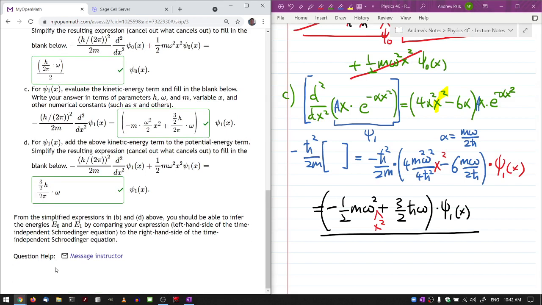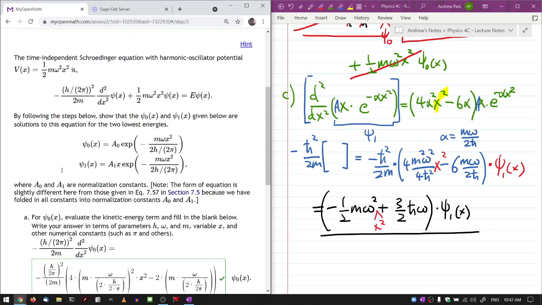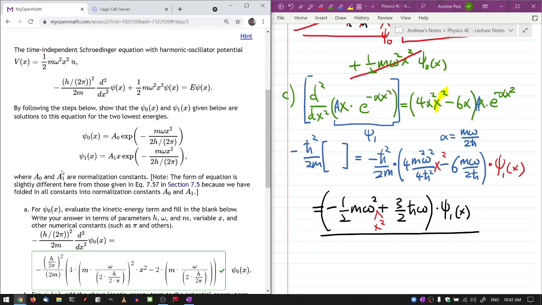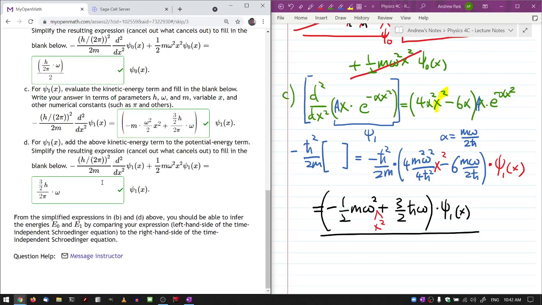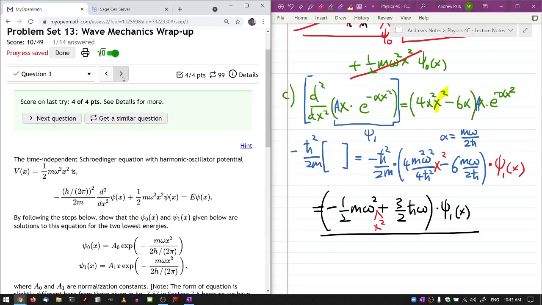They're not hard, because all you are doing is derivatives. I could have even done this by hand. It's just that it gets tedious, and you see how forgetting a small term like this leads to an incorrect answer. So this is where attention to detail really matters. With that, let me continue on. That was my question 3.